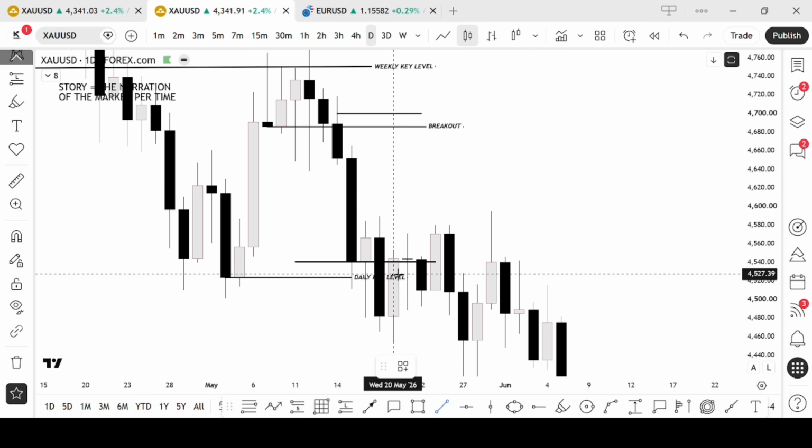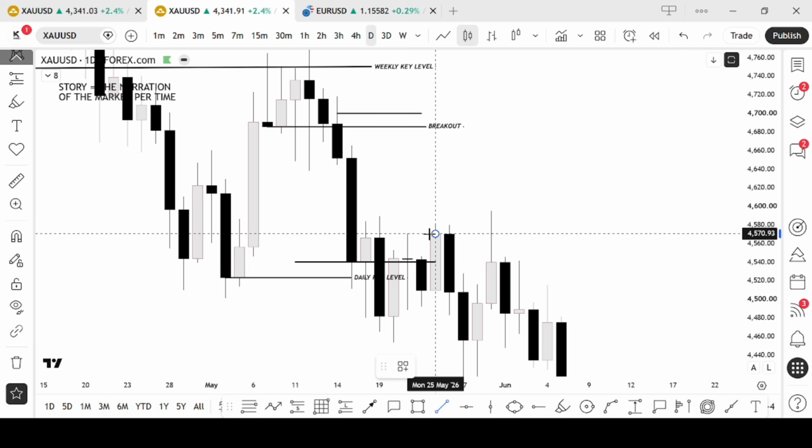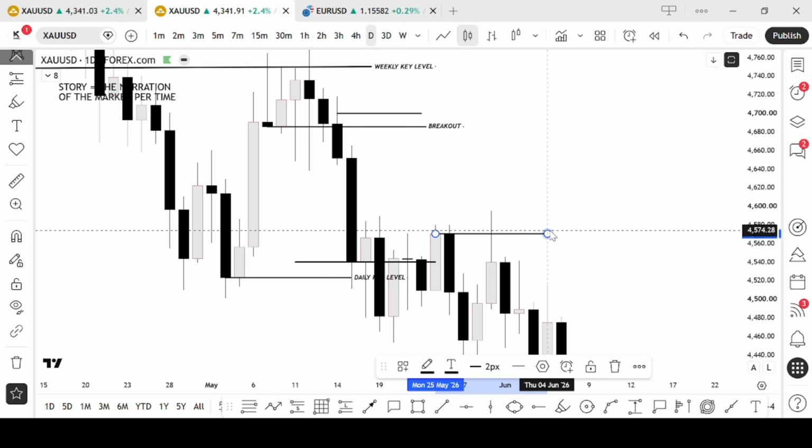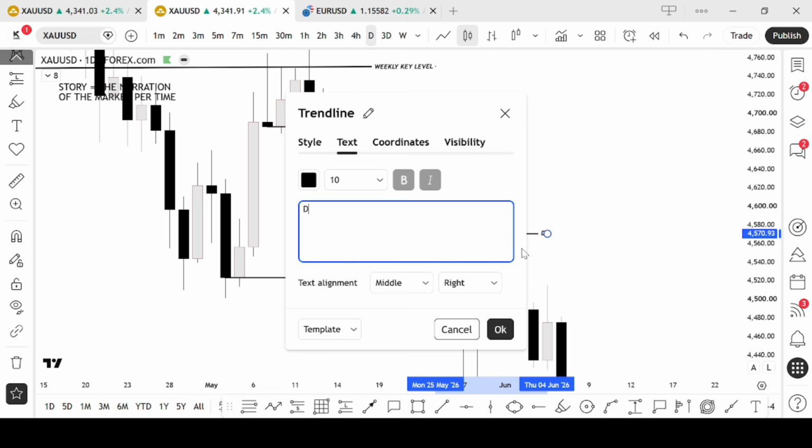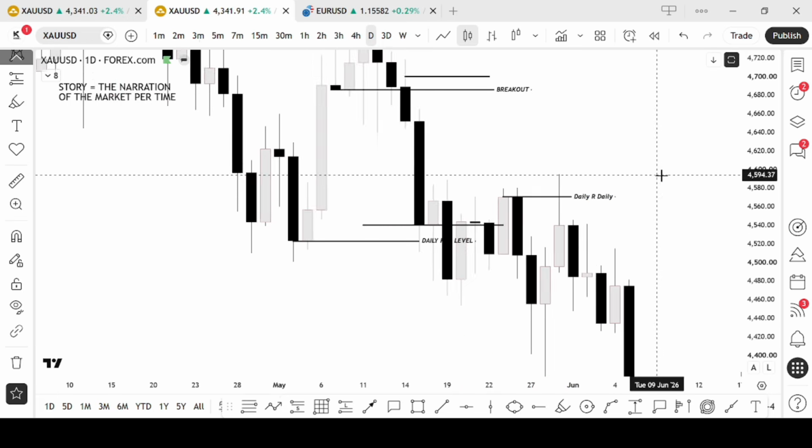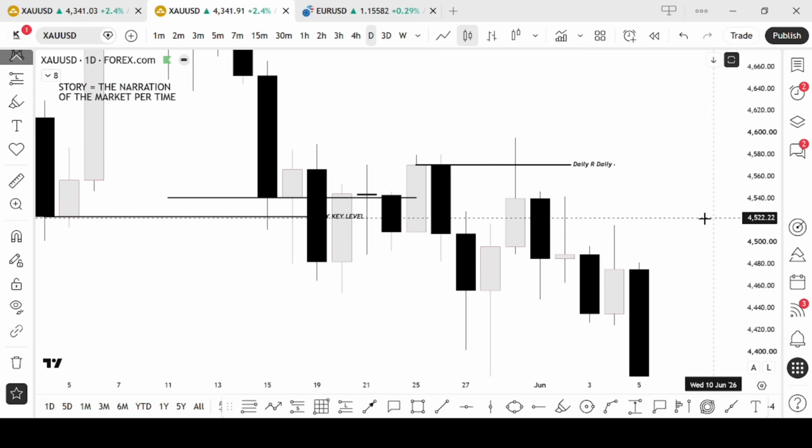Coming to the daily time frame, say you want to pick your key level from the daily. So this is a daily key level, so we can call this daily rejecting daily. When daily rejects daily, it's an indicator that price might likely want to change a storyline.